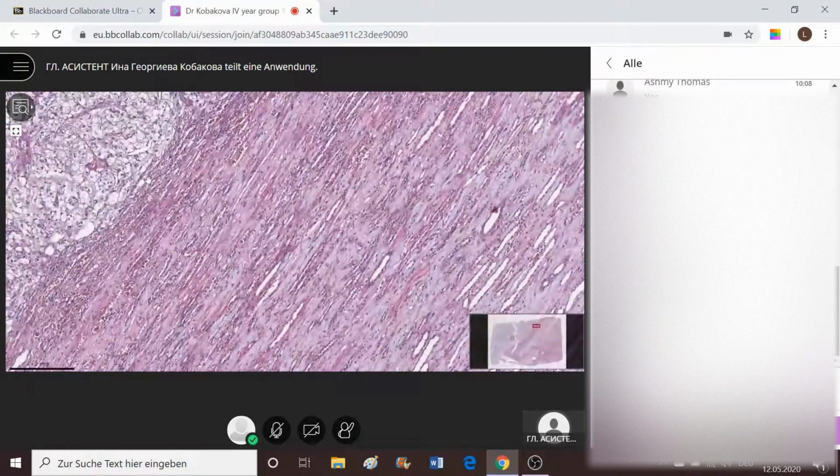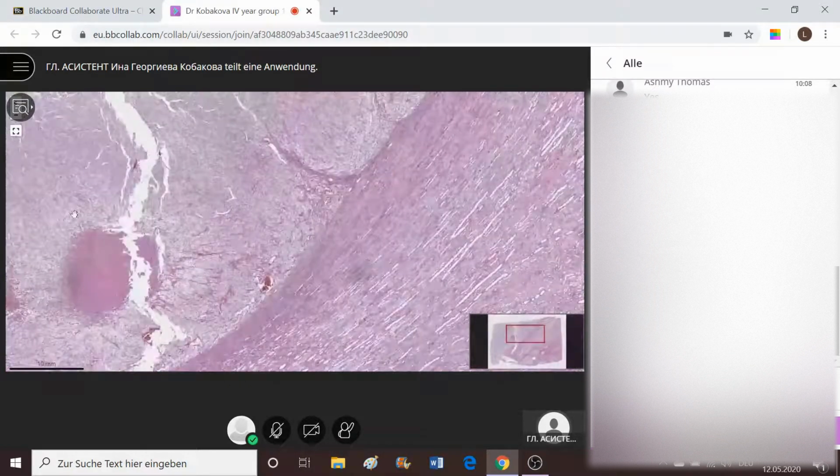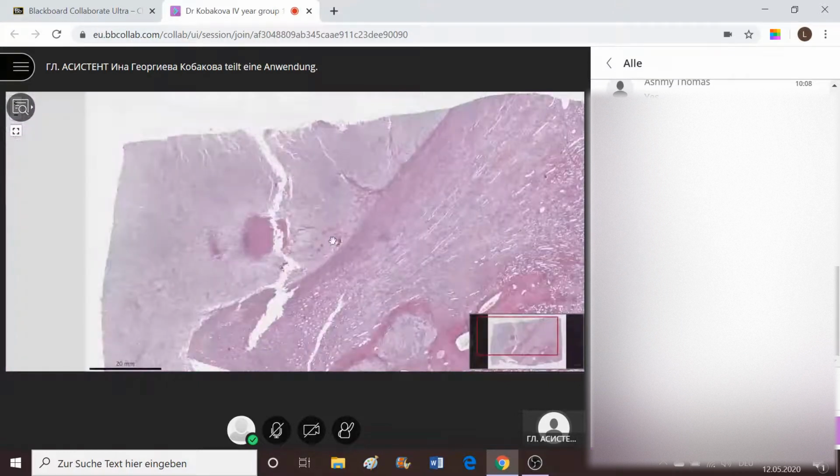So, here you will be asked the usual stuff about tumors. Grading, staging, what it means, not exactly for this tumor. Also, tissue and cellular atypia, features of cellular atypia, which the professor usually asks. Also, whether the tumor is well demarcated, whether it's infiltrating the capsule.